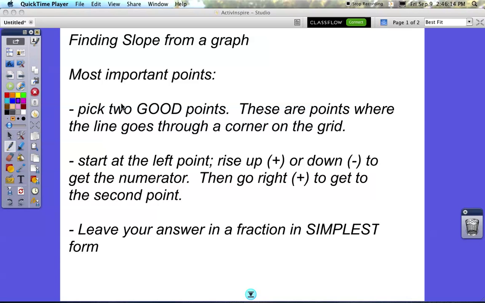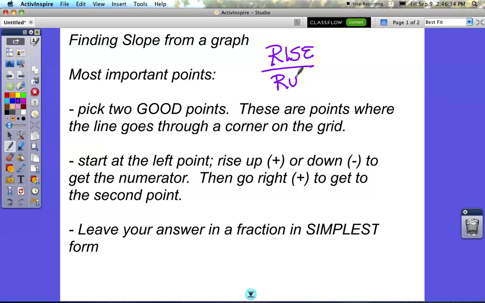So that is part of our lesson today: when you are going to find slope from a graph, you want to make sure that you do rise over run.